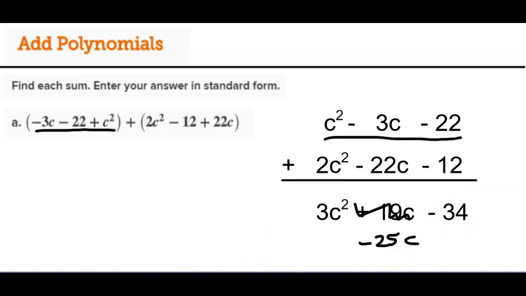Oh, hold on. Taking a second look at this, looks like we have a mistake here. This would be a positive 22c, so right here, and that would be a positive 19c then. So that isn't correct. So 3c squared plus 19c minus 34.